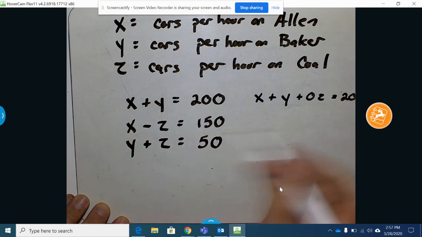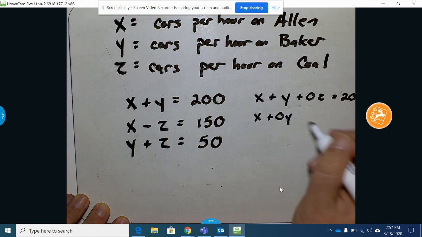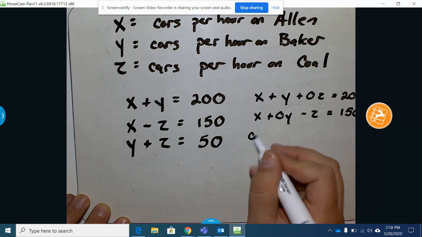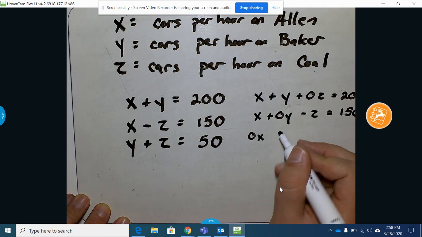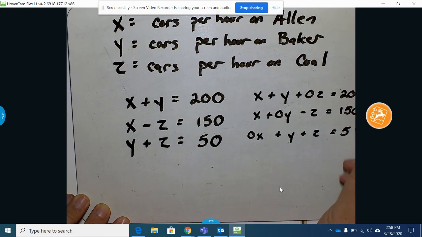In my next equation, I am missing a Y, so I can say X minus Z equals 150. And in my last equation, I am missing an X, so 0X plus Y plus Z equals 50.